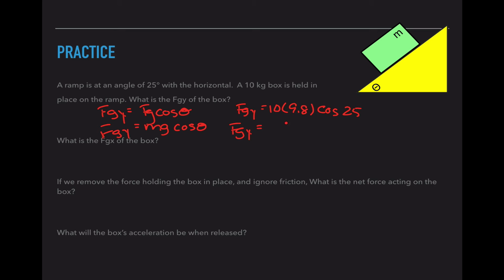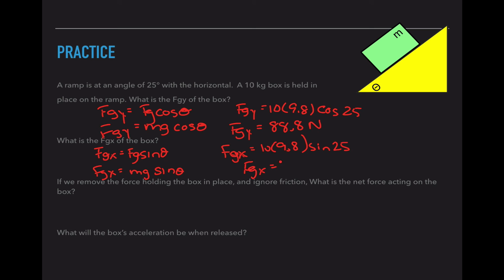And FGY is 88.8 newtons. What is the FGX of the box? Same thing, only using sine instead of cosine, and FGX equals 41.4 newtons.